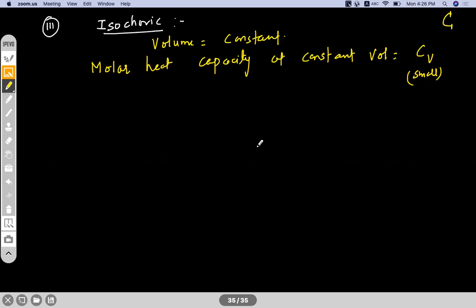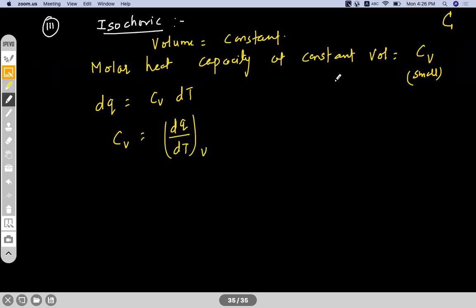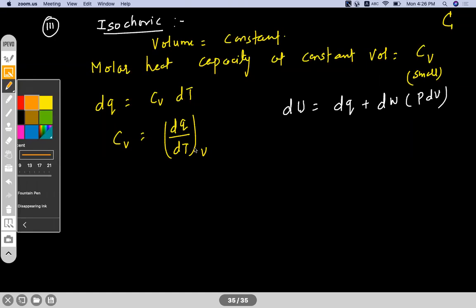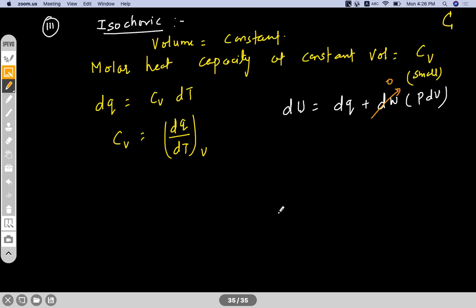So dq is equal to Cv dT, and Cv is equal to dq by dT. And remember this relation we have at constant volume. So if you look at the relation of first law of thermodynamics, dU is equal to dq plus dw. Pressure we know PdV, right? If volume is constant, dV is 0, means work done is 0 over here. Work done is 0, and hence dq is equal to dU.